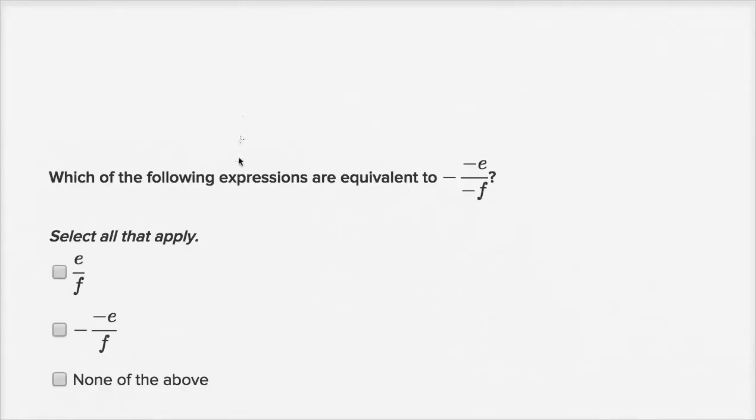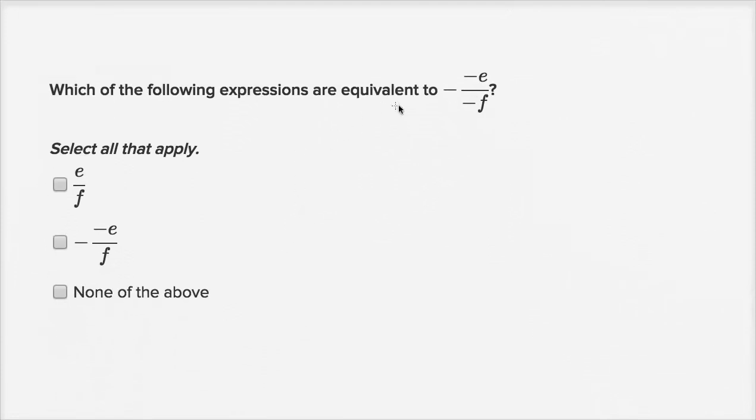Which of the following expressions are equal to negative of negative e over negative f? And remember, we just have to take this step by step here. Actually, let's try to just simplify this directly. Well, we just need to remind ourselves that this part right over here, negative e over negative f, let me write an equal sign.